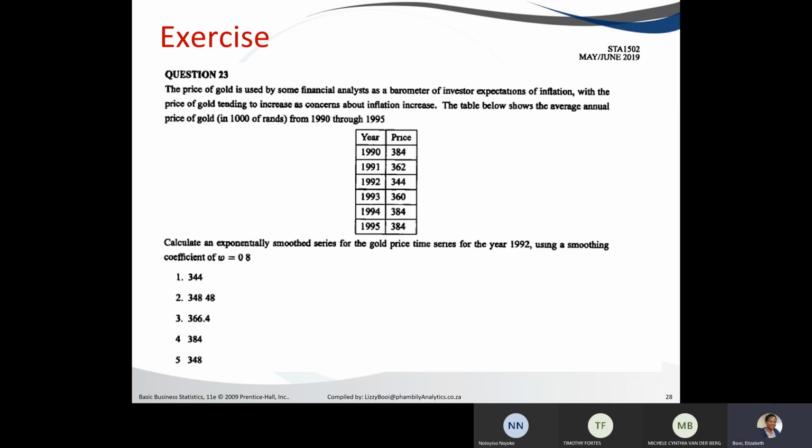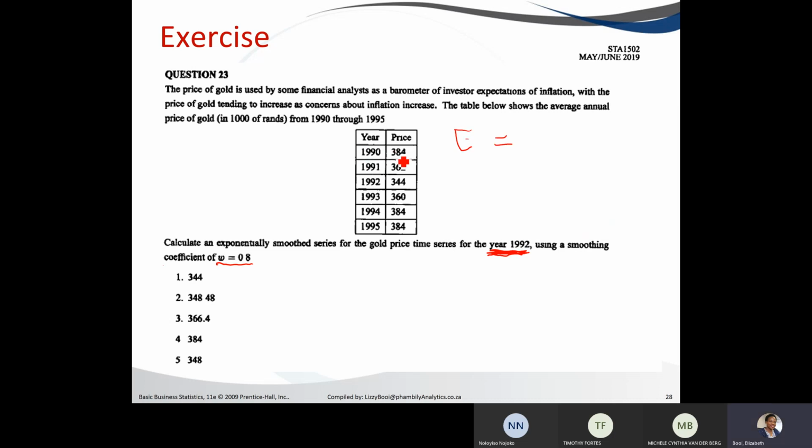Calculate an exponentially smooth series for the gold price. Smooth the gold price time series of 1992. This is only for 1992 now. Using a smoothing coefficient of 0.8.